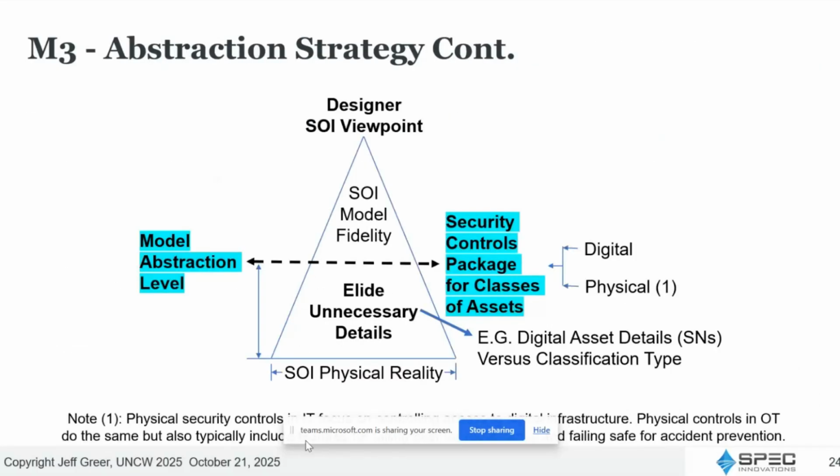We've got the designer system of interest viewpoint, looking at the entire system of systems, if you will, working to manage the model fidelity, but then the abstraction level, you can move that up or down on that pyramid, and you can add or remove detail based on what you need and don't need, right?